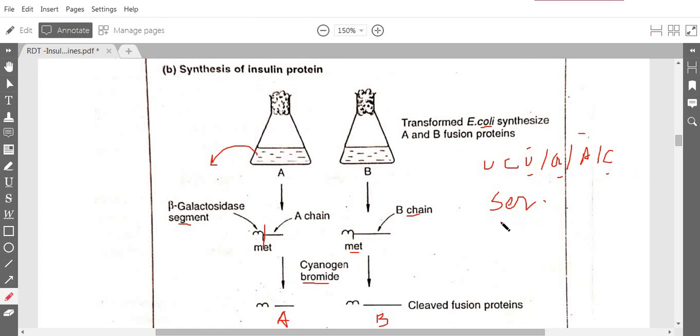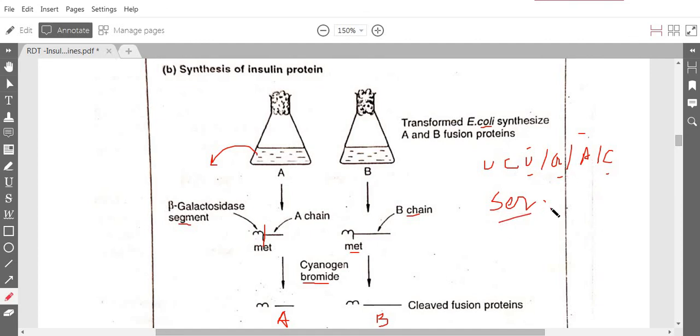So that means you don't need to go for UCU. Say UCU is actually present in the protein's natural sequence, but you don't need to manufacture UCU. You can go for UCG also, UCA also, UCC also. You can take any codon for serine and manufacture the nucleotide sequence, because whatever nucleotide sequence you have made from UCU or UCG or UCA or UCC, they will ultimately produce an mRNA that can code the serine amino acid.